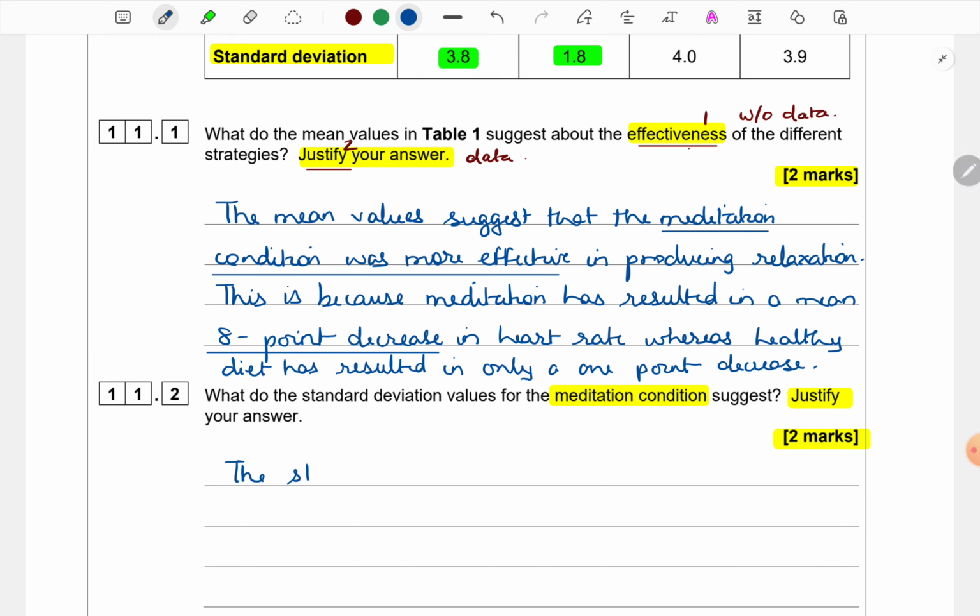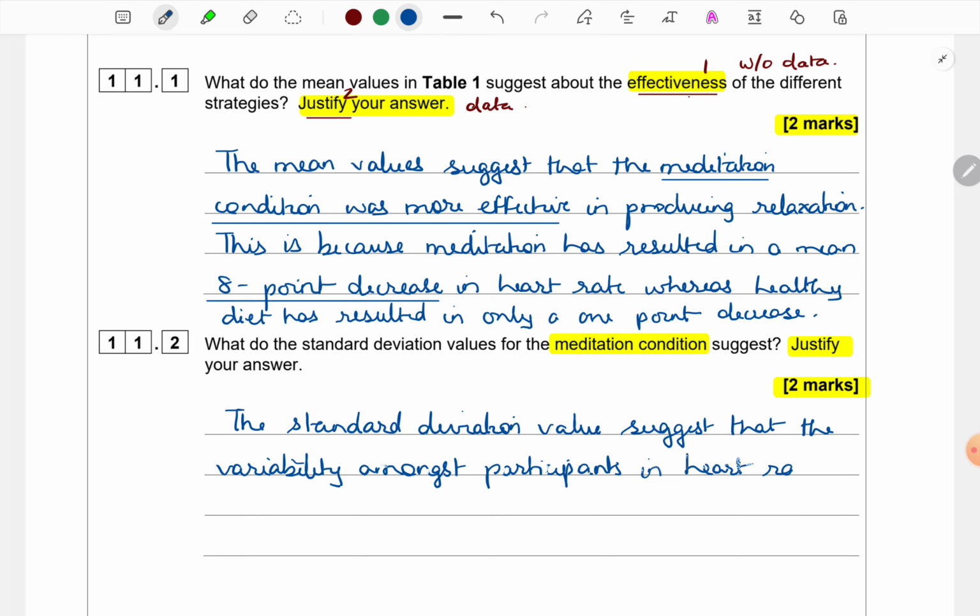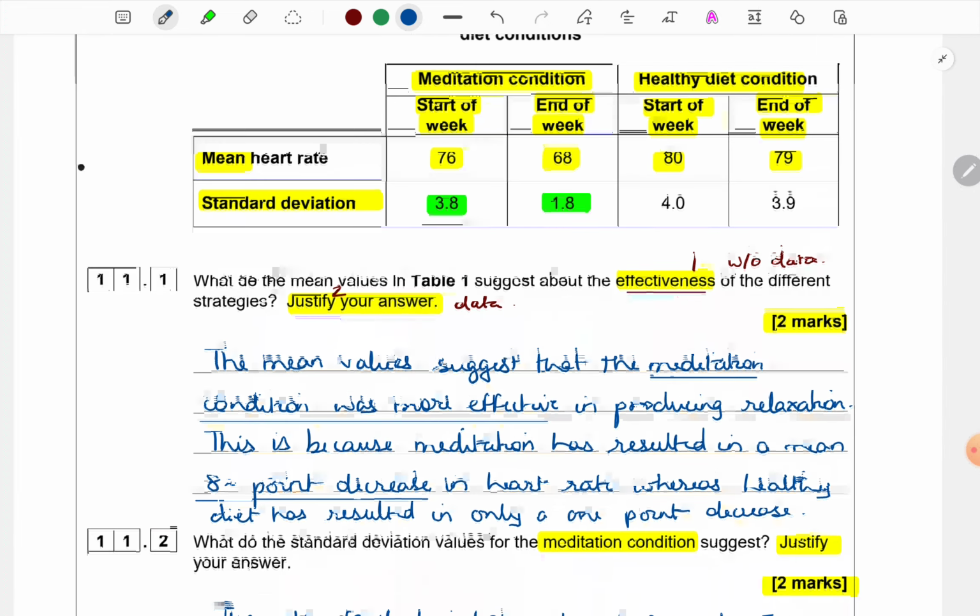The standard deviation values suggest that the variability amongst participants in heart rate has lessened at the end of the week.